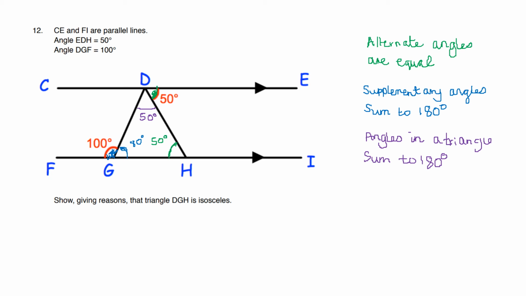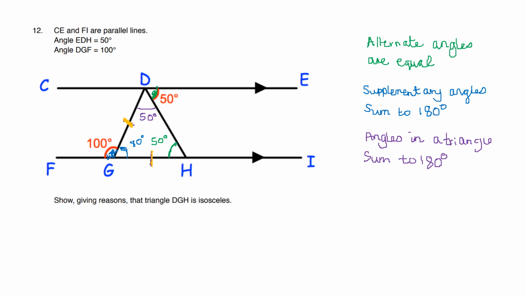So we can actually say now that this triangle is isosceles. This side and this side would be equal. Let's just use a different colour there. And your two base angles are 50 degrees.